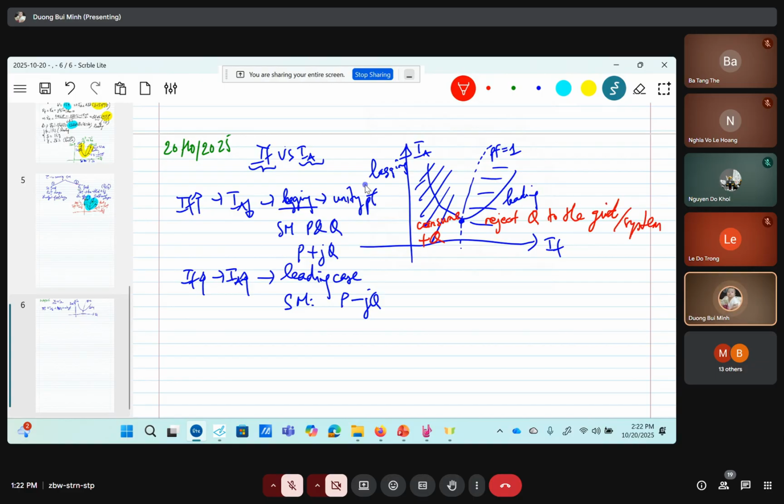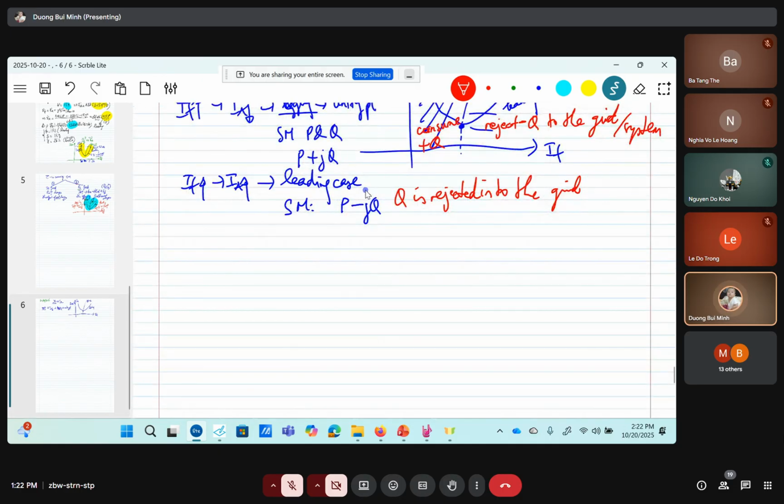So you get a minus Q. Or we can say that in the leading power factor case, Q is rejected into the grid.